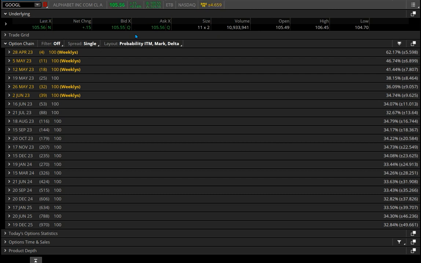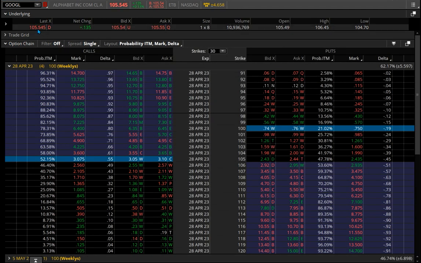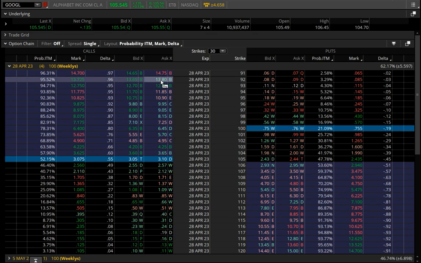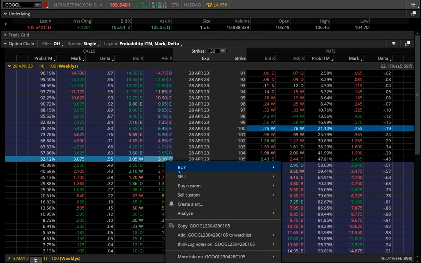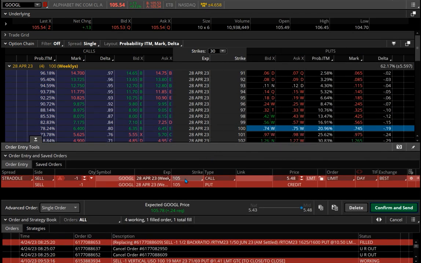Now, as far as working it out tomorrow, because everything could change tomorrow, a quick and simple way to do this is we go to right at the money strike, which could be, let's say, 105 or 106. It's the same thing. And we just buy or sell a straddle, they call it, which is basically buying and selling. You see here the call and the put at the same time of the same strike.